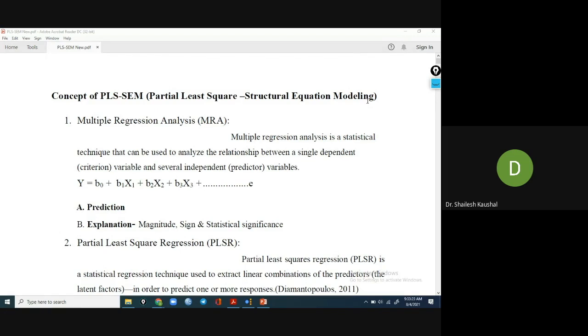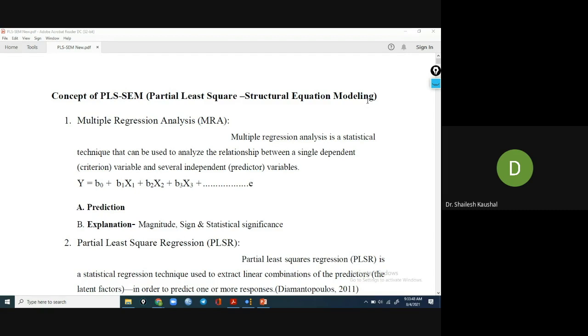Generally only 5% of research can be done through PLS SEM, meaning formative measurement model, specifically in medical science and some finance areas. Otherwise 95% of our research is based on the reflective measurement model.